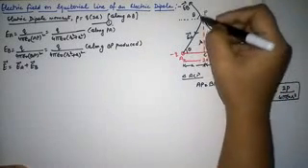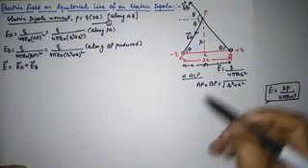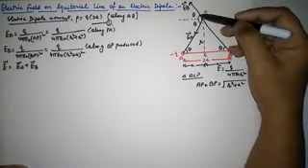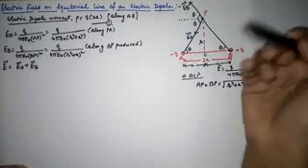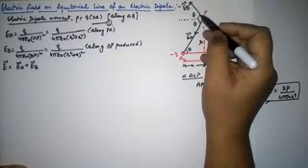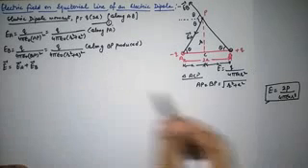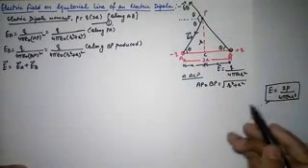And this is theta, so this angle is also theta. Also we can say the exterior angle is equal to the sum of the opposite two interior angles. This is theta, this is also theta, it becomes 2 theta.